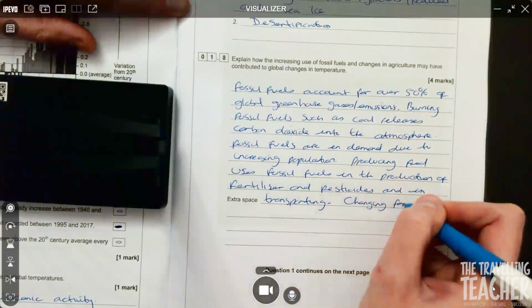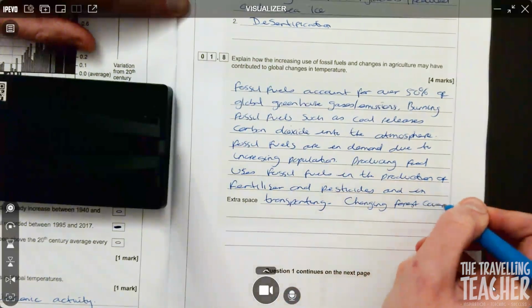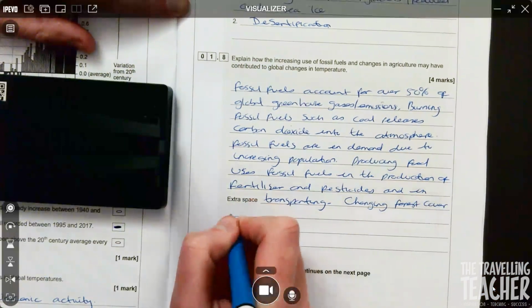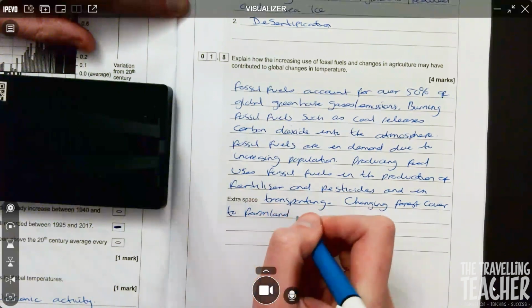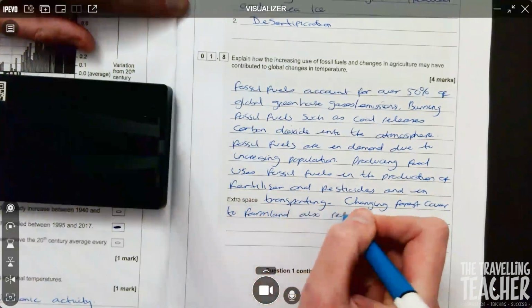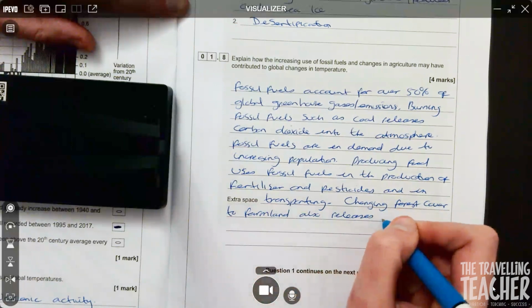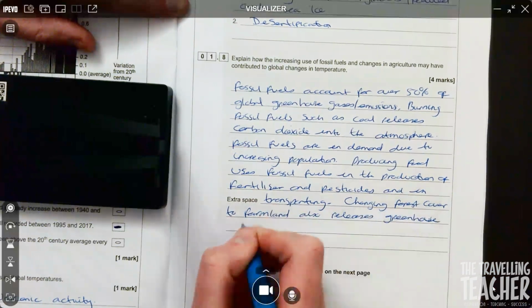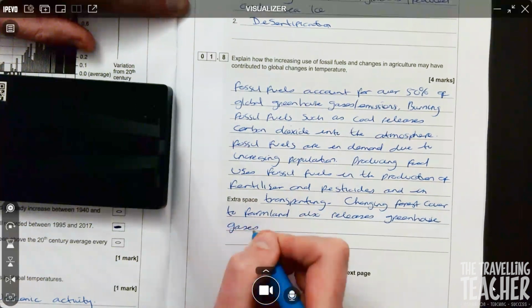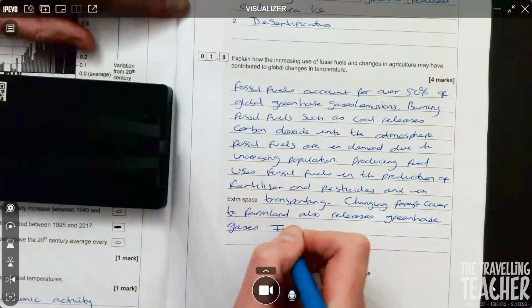Changing forest cover to farmland also releases greenhouse gases. Full stop.